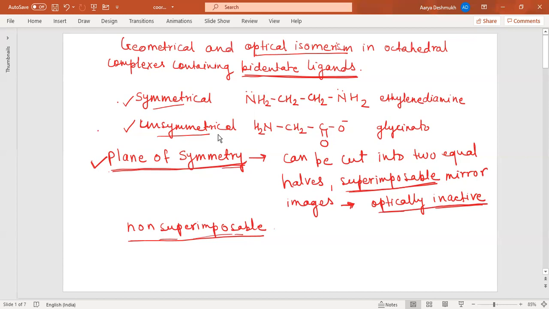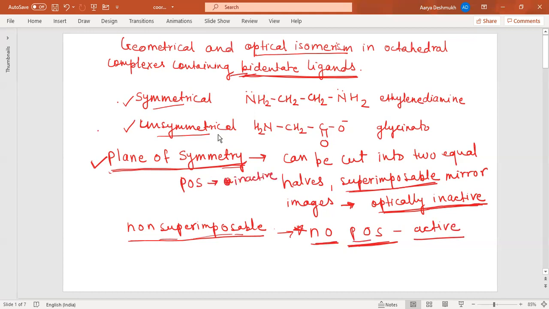Any octahedral complex containing a bidentate ligand, if it has no plane of symmetry, I'm writing short, no POS, then the complex will be optically active.